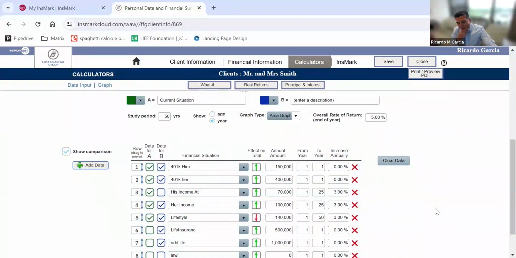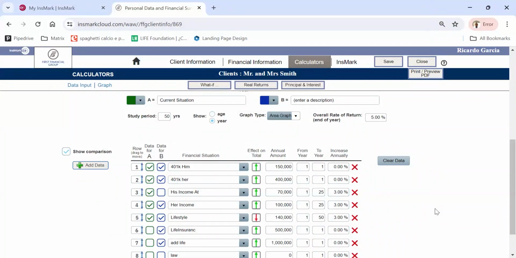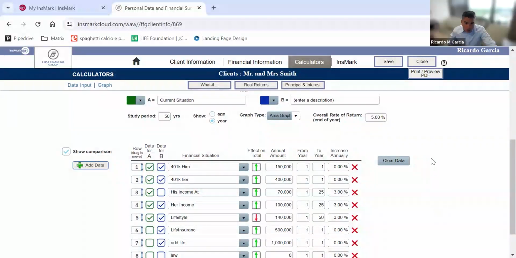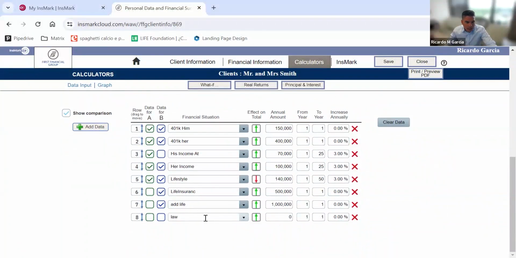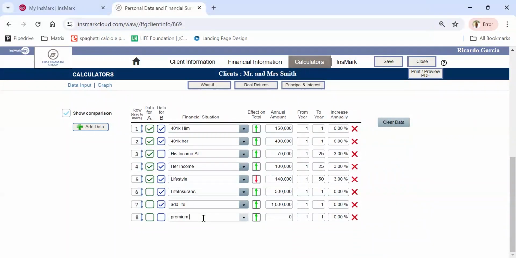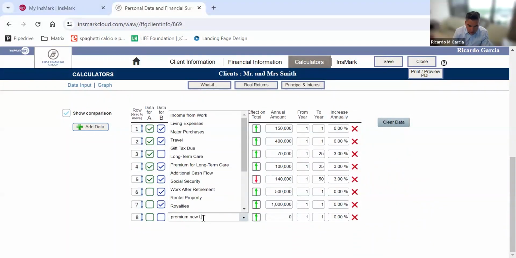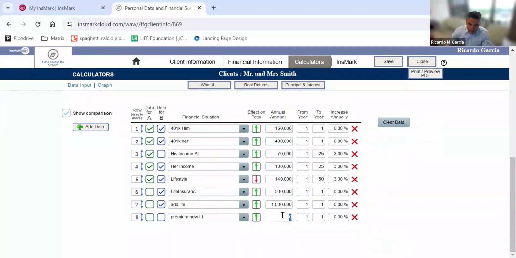So Ricardo, how do you account for the life insurance premium? I just add to it. I just say premium of new life insurance. And then let's say they need it for 20 years because the kids are like 6.